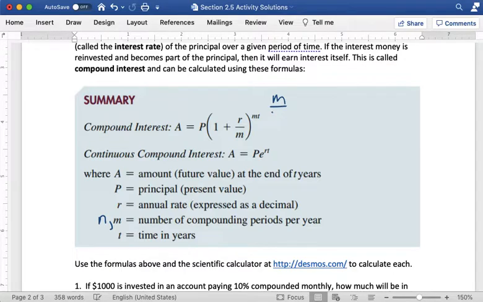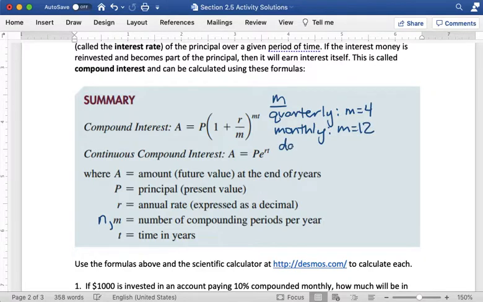When we're looking at this formula, the values for M could be, if it is compounded quarterly, that means it's 4 times a year, so M equals 4. Monthly would mean that M equals 12.